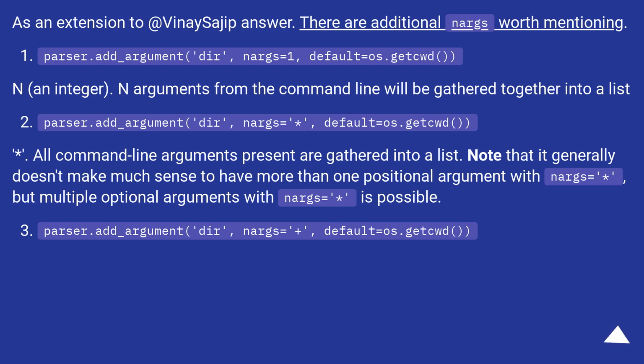N, an integer. And arguments from the command line will be gathered together into a list.